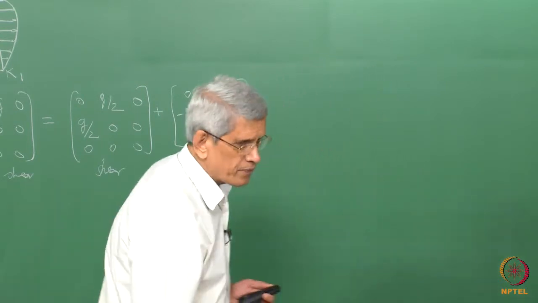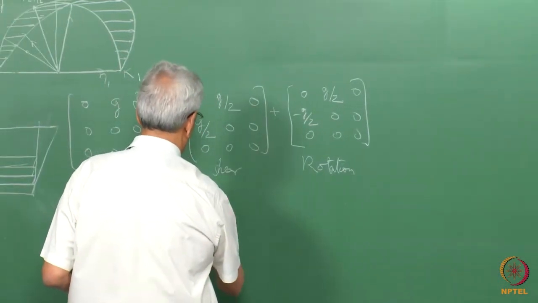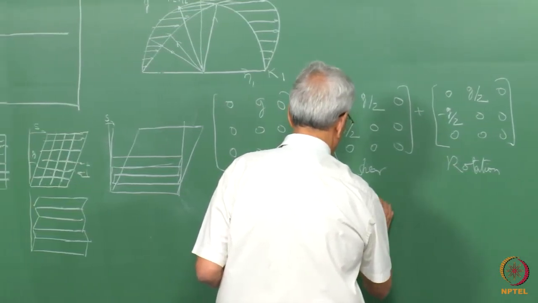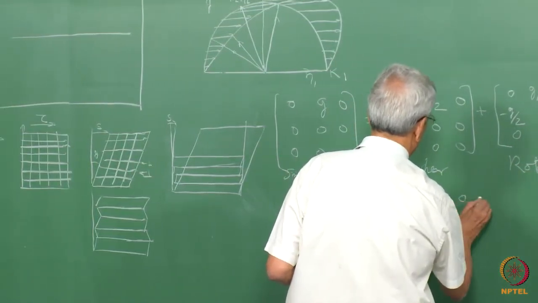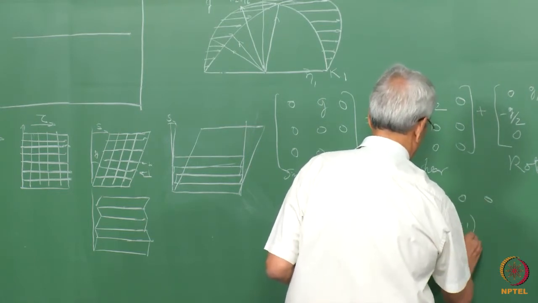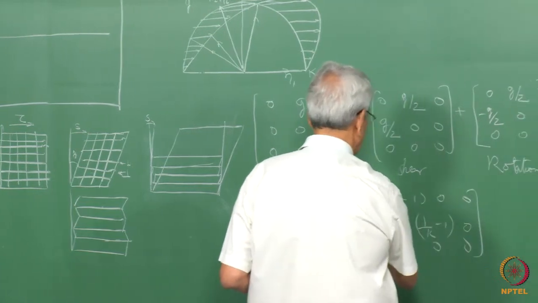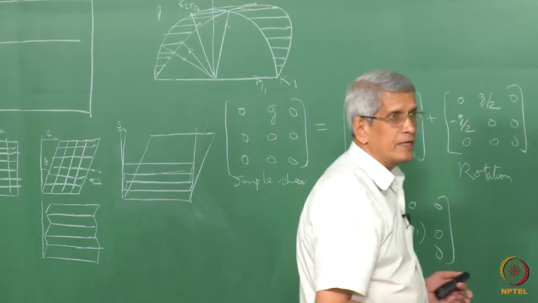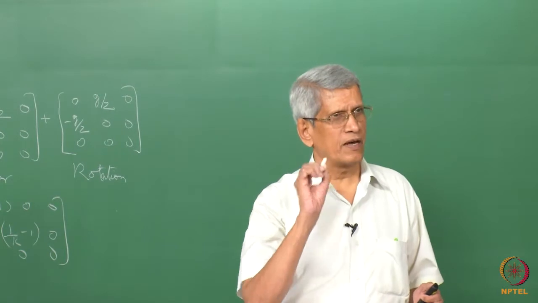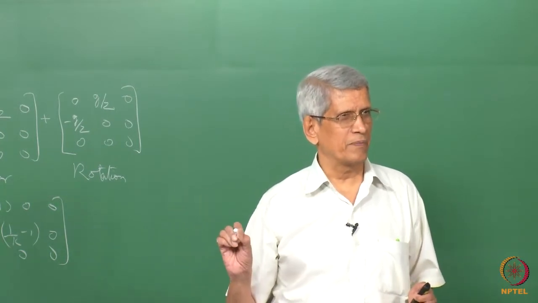Then we will be able to write this into another strain. What K is here is nothing but the total extension which we see in a unit length of a sample. So, k minus 1 gives the strain part of it.